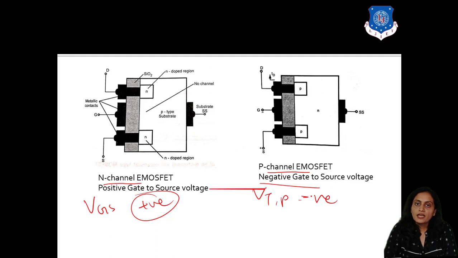So if we apply a positive gate to source voltage to the NMOS, then NMOS is on, or the channel is formed. And if we apply a negative gate to source voltage, smaller than the threshold voltage, in the P-channel MOSFET, the PMOS, then PMOS is on. So we will use this only: if positive voltage is applied to NMOS, it is on and the channel forms, and if negative or zero voltage is applied to PMOS, then it is on.